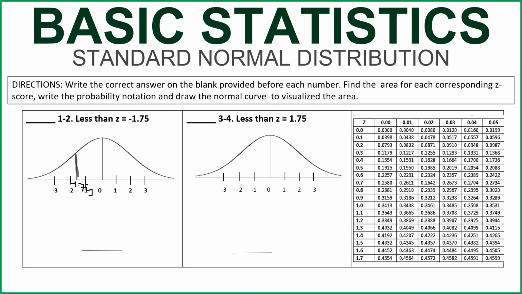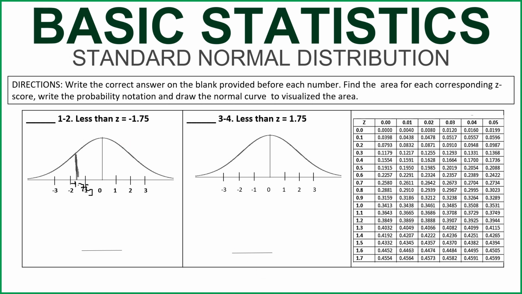And please do not forget to write the z-score -1.75 because how can I know that that is -1.75 and not -1.76?